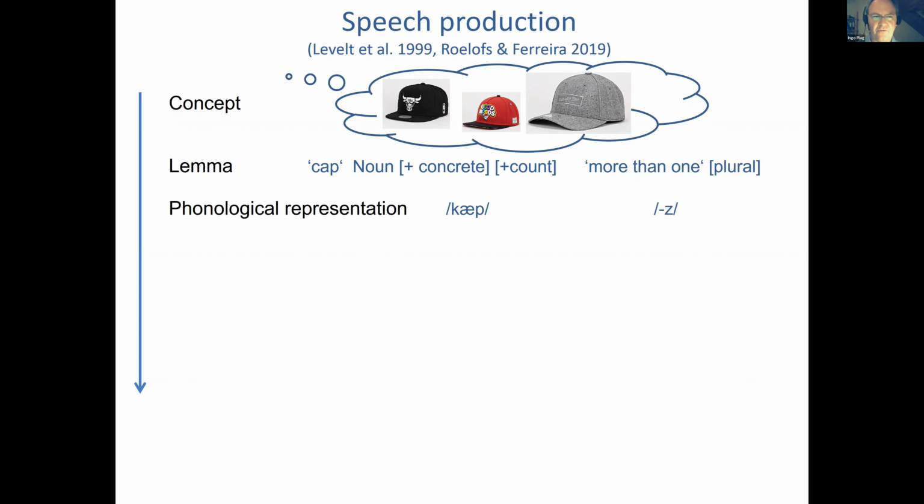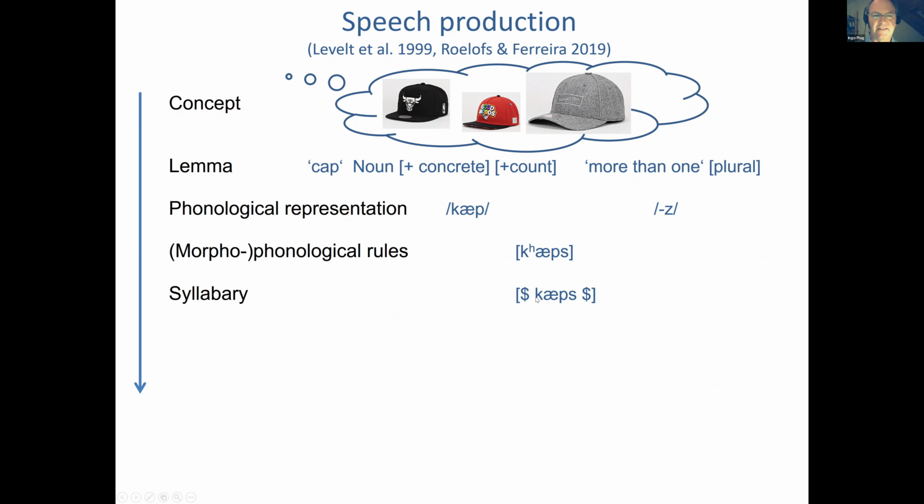Once I have found the right lemma, I look up the phonological representation of the things that I have found. So in this case, the representations you see here for plural and for cap. And then I need to apply my morpho-phonological rules so that out comes the S, for example, for the plural instead of the Z or the is.